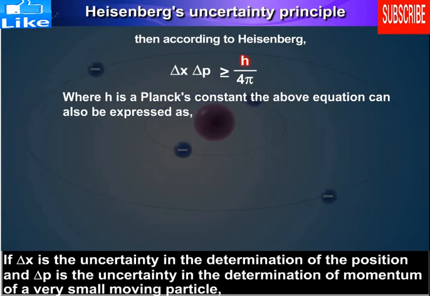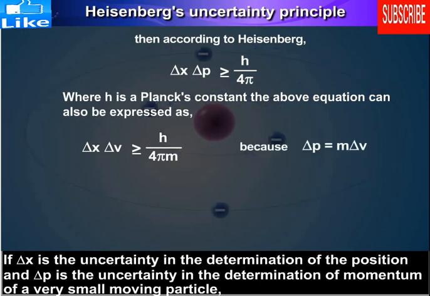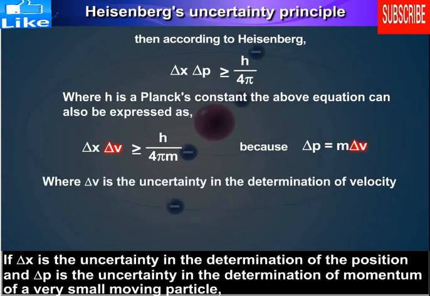The above equation can also be expressed as delta x into delta v is equal to or greater than h upon 4 pi m, because delta p equals m into delta v, where delta v is the uncertainty in the determination of velocity, and m is the mass of the particle.